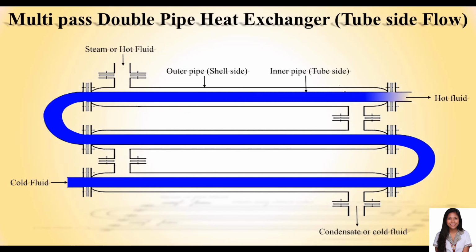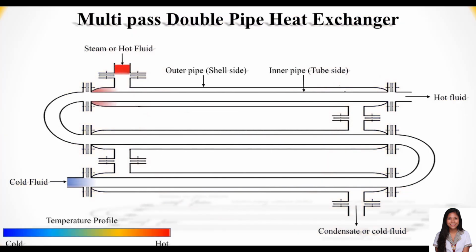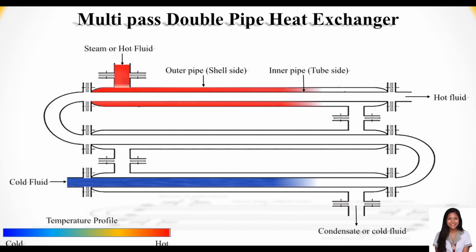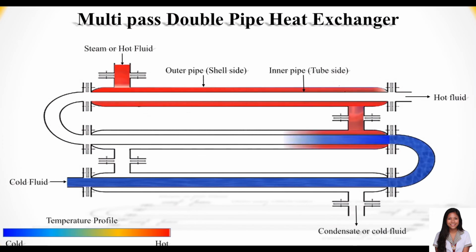The second is that the temperature of the cold fluid exiting the heat exchanger never exceeds the lowest temperature of the hot fluid. This relationship is a distinct disadvantage if the design purpose is to raise the temperature of the cold fluid. Now, the design of the parallel flow heat exchanger is only advantageous when two fluids are required to be brought nearly to the same temperature.